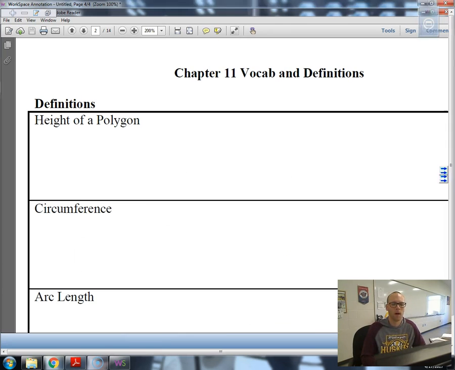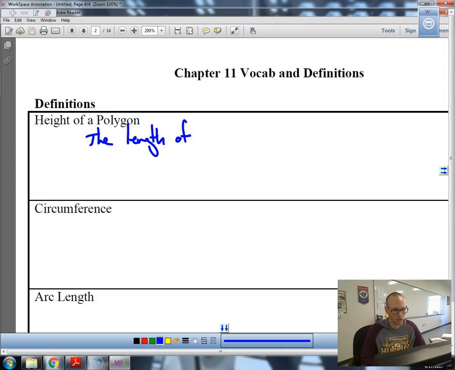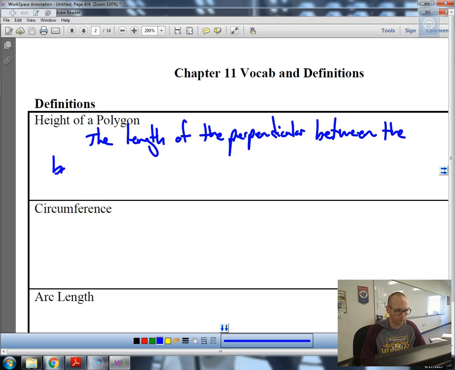The height of a polygon is the length of the perpendicular segment between the bases, or from a vertex to a base.